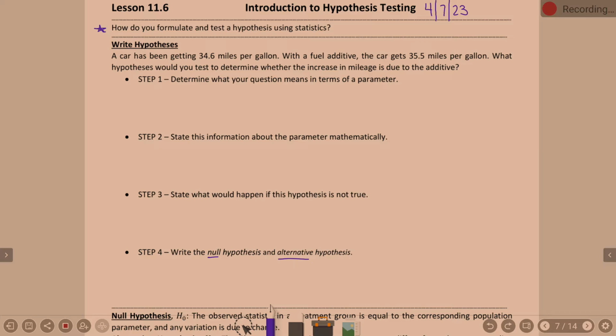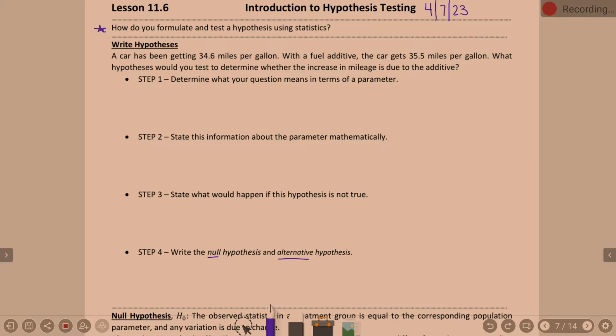Step 1, determine what your question means in terms of a parameter, so in terms of something that describes the population. So what is our situation here? The car's been getting 34.6 miles per gallon. With a fuel additive, the car gets 35.5 miles per gallon.